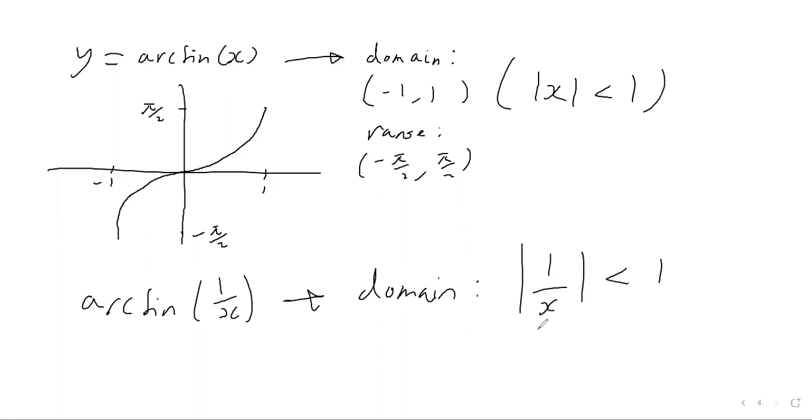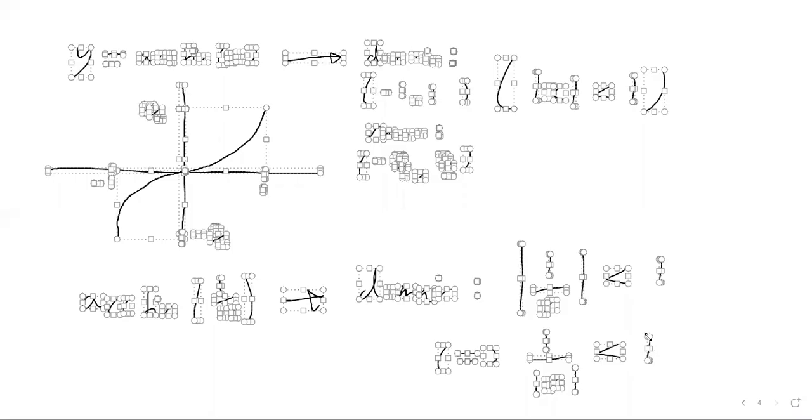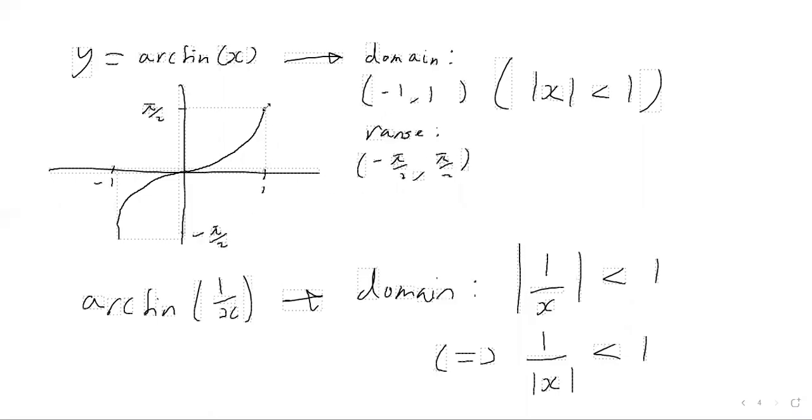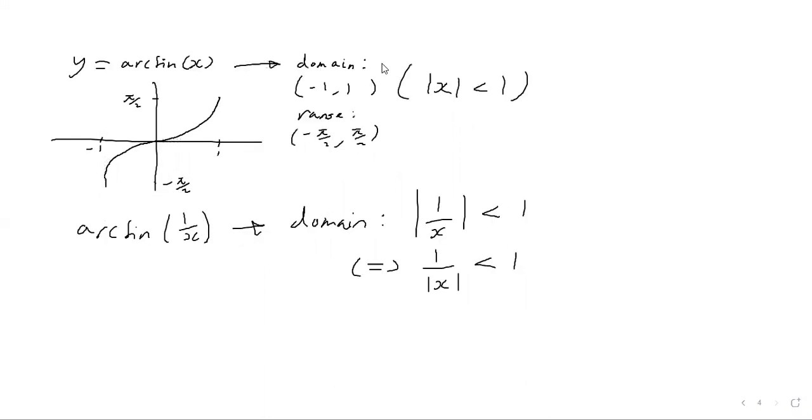The modulus of 1 is just the number 1, so this is equivalent to 1 over the modulus of x being less than 1, which is equivalent to saying the modulus of x must be greater than 1. Let's make a note of that.